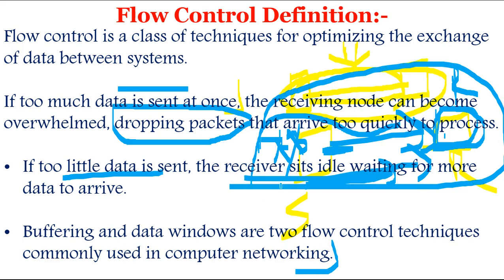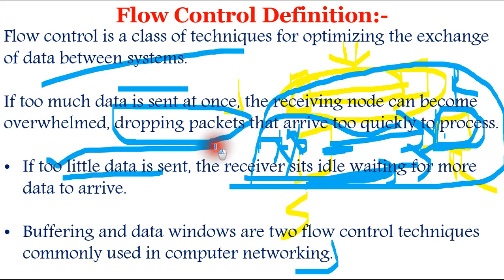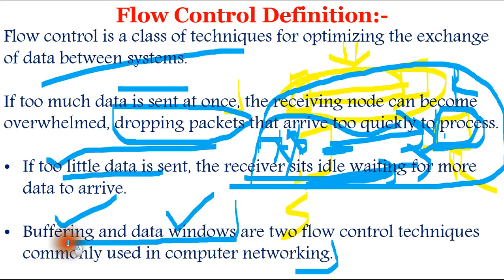To control this quick data delivery, or too little data transmission, there are two techniques: one is buffering and the second one is data windows. These are the two flow control techniques we commonly use in computer networking. I will tell you about both one by one: what is buffering, and what is the data window.